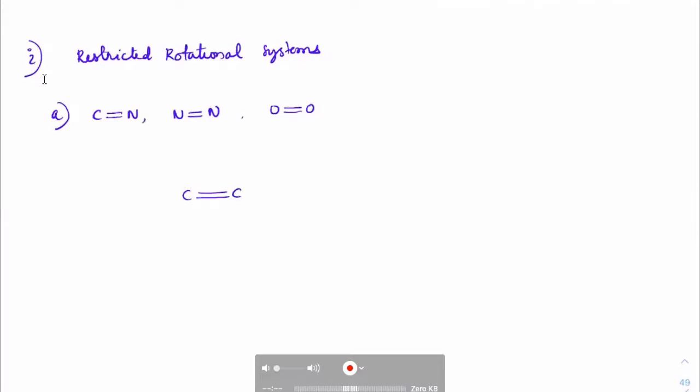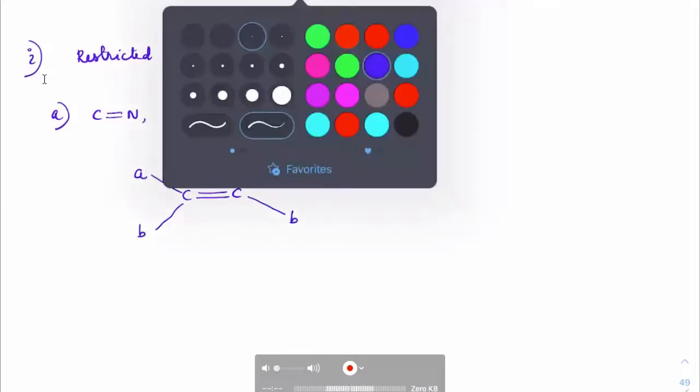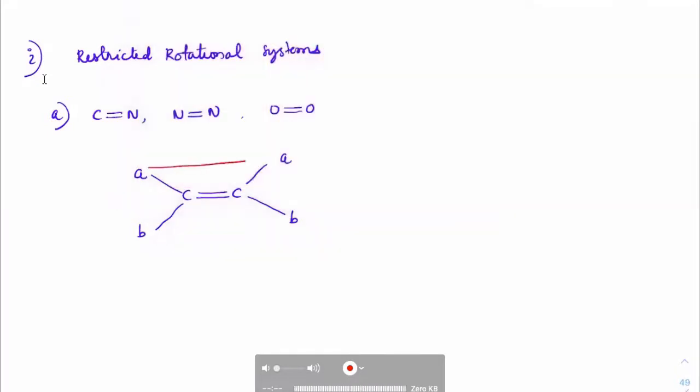For example, if you have C double bond N, okay, we'll start with C double bond C first. Let me explain one simple thought. Suppose we have A and B, two different groups, here also have A and B, two different groups, correct? Check out the length here between A and A. I'll call it L1.